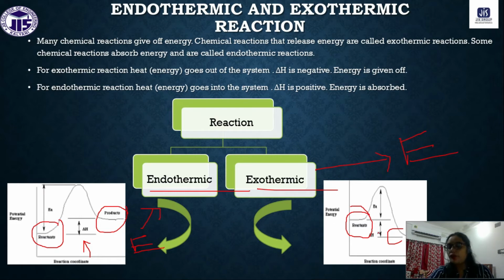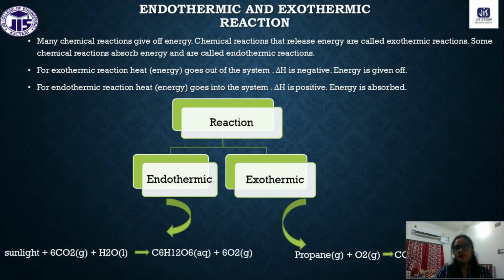That is why some energy will be released after the product formation. That is called the exothermic reaction. For exothermic reaction the delta H is negative, and for endothermic reaction the delta H is positive. These are some of the examples.